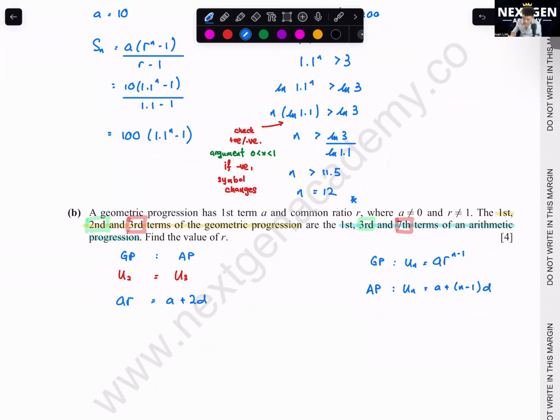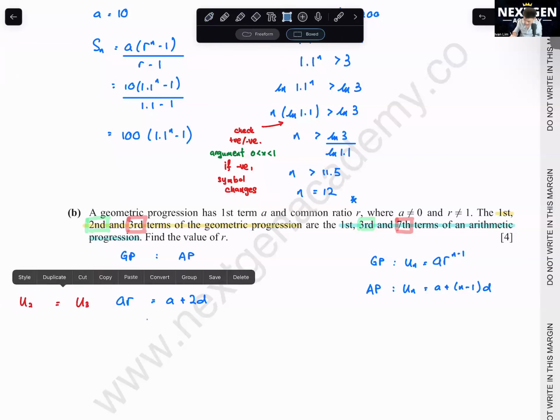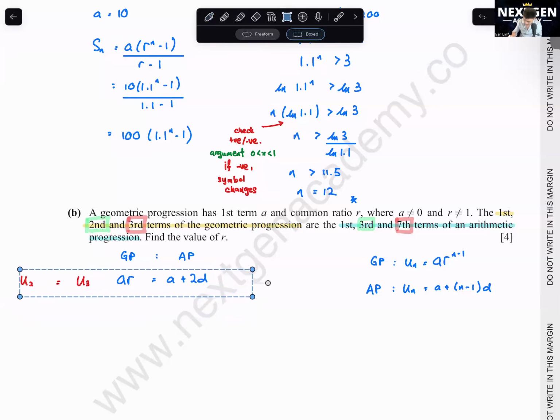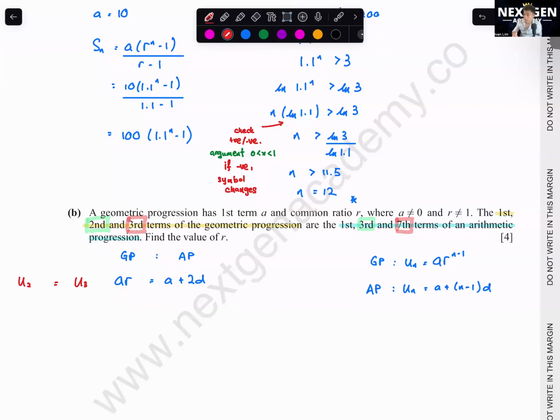So AR equals A plus 2D. Maybe I write it at the side here, will be better. The second one is the third term equals the seventh term. So AR square equals A plus 6D. Okay, we start with these two equations here.